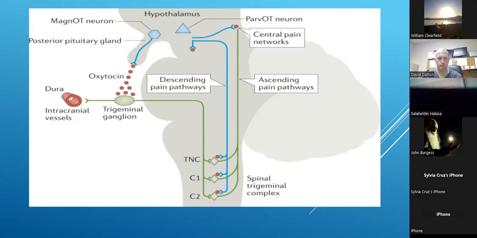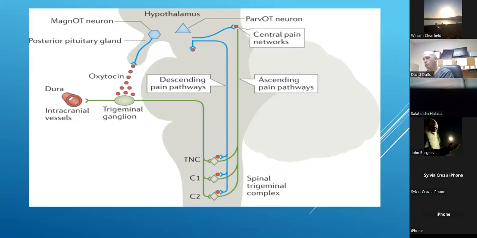But we also see that there is a descending analgesic pathway, and those descending analgesic pathways involve serotonin and norepinephrine neurons.